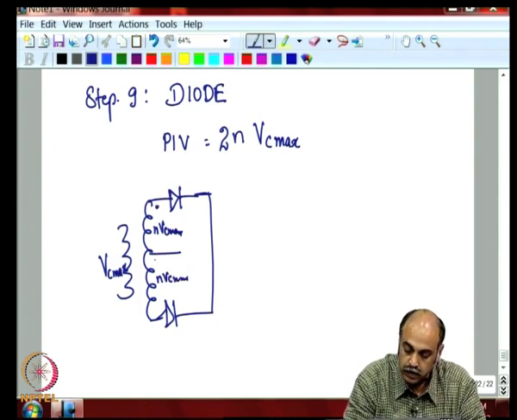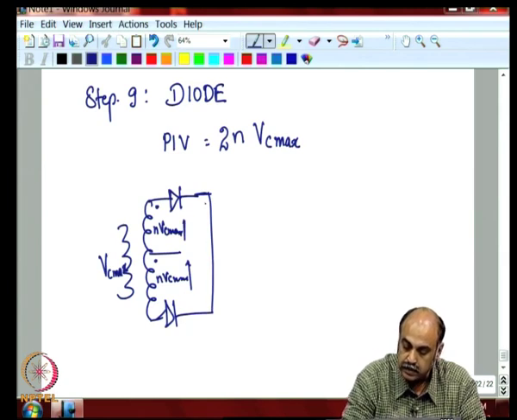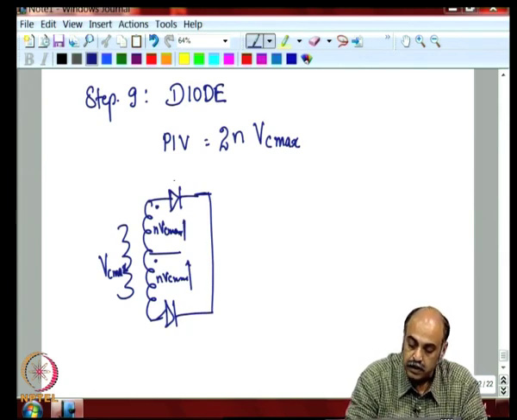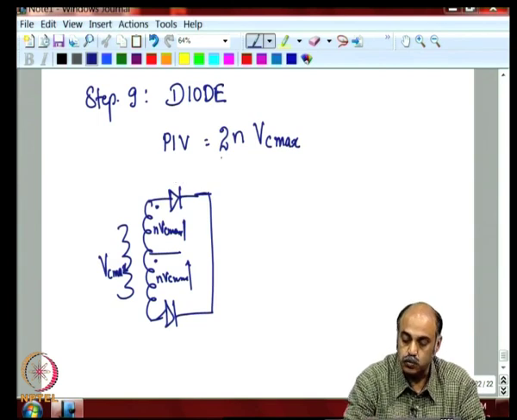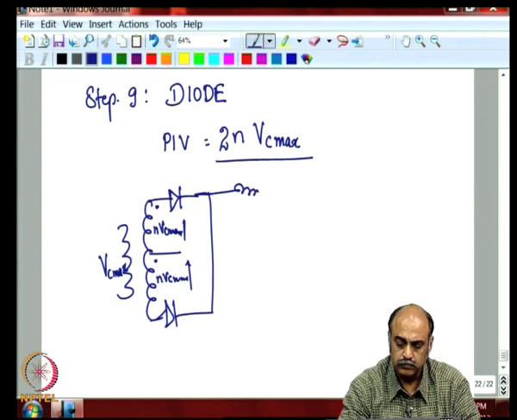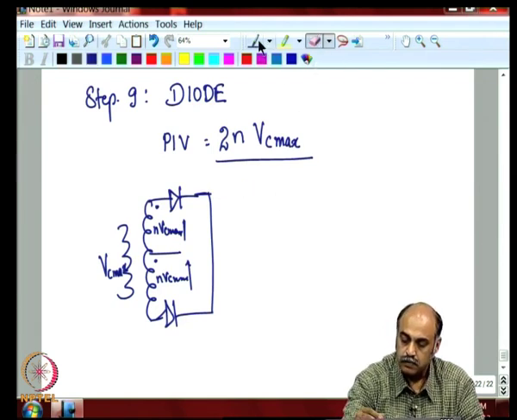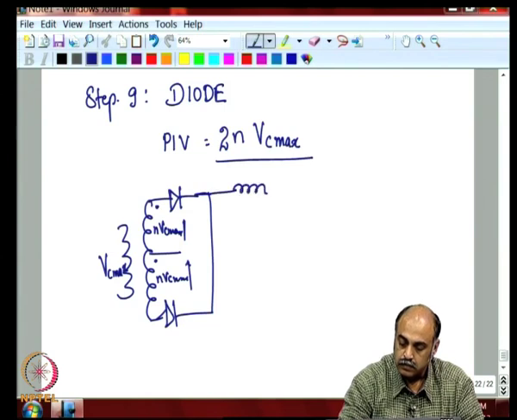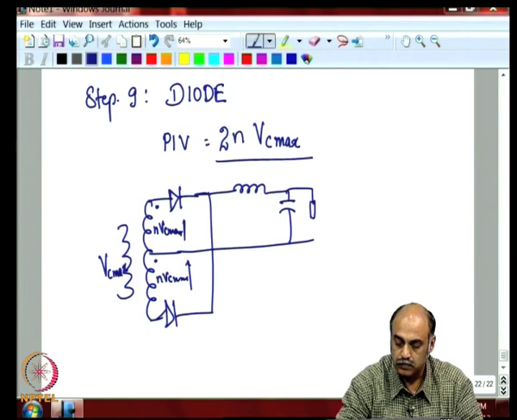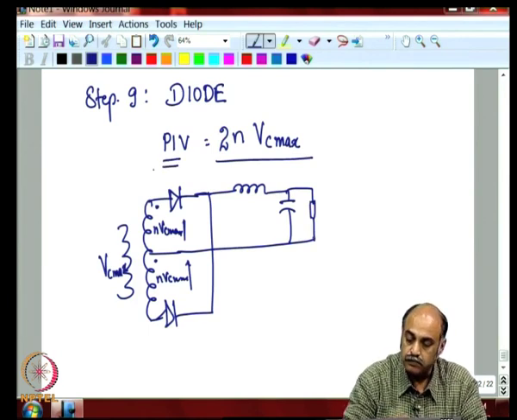So, if this is the dot polarity, you have these two adding up, and then one is conducting, the other one is not conducting, and what is appearing across that is 2 N Vc max. You can complete the circuit like that. Okay. So, this should be the peak inverse rating of the diode, it should be greater than this.